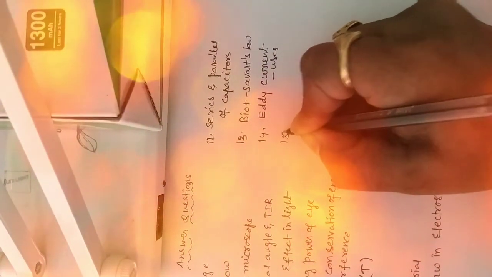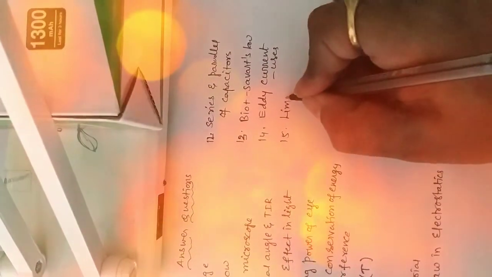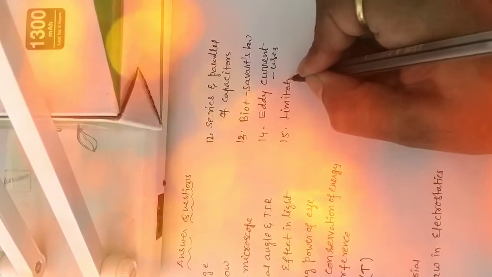And the 15th question, what are the limitations of Bohr's theory? Bohr's theory limitations are also very important. And we have the 16th question: explain different types of spectral lines. This is also important.